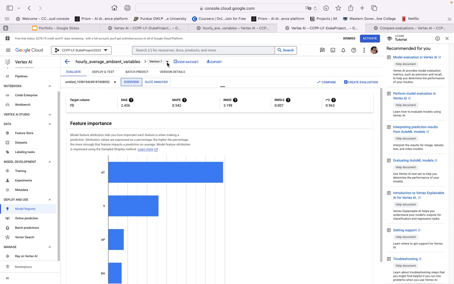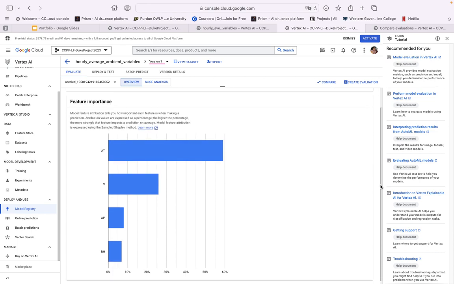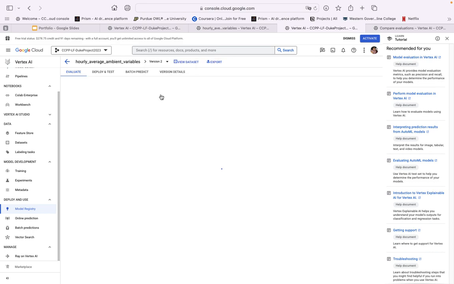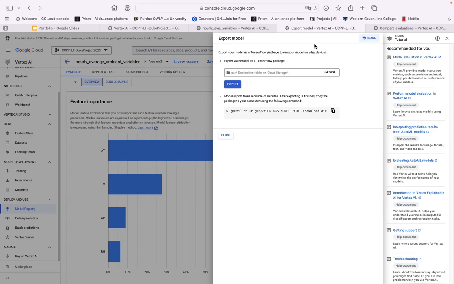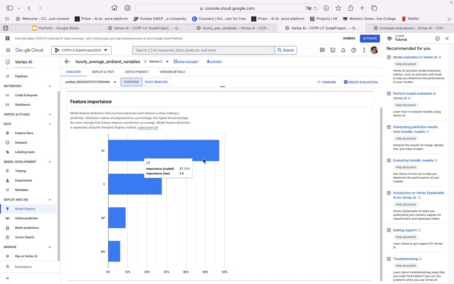Version 1 contains all of the variables, where the ambient temperature scored the greatest importance of about 59.17%, as well as in version 2, where it scored the highest importance of about 57.11%.